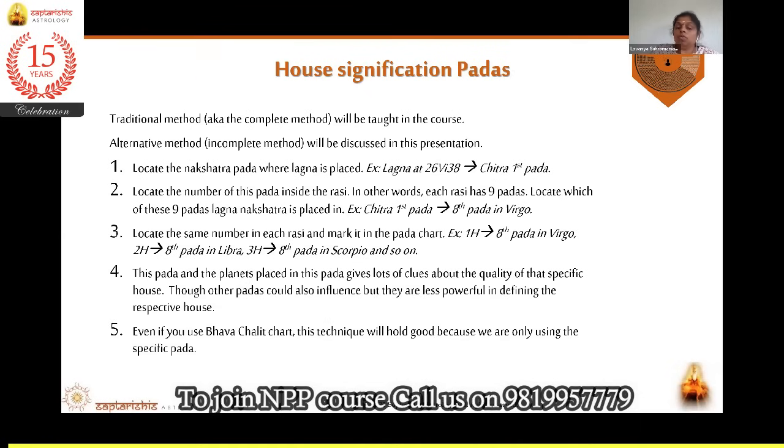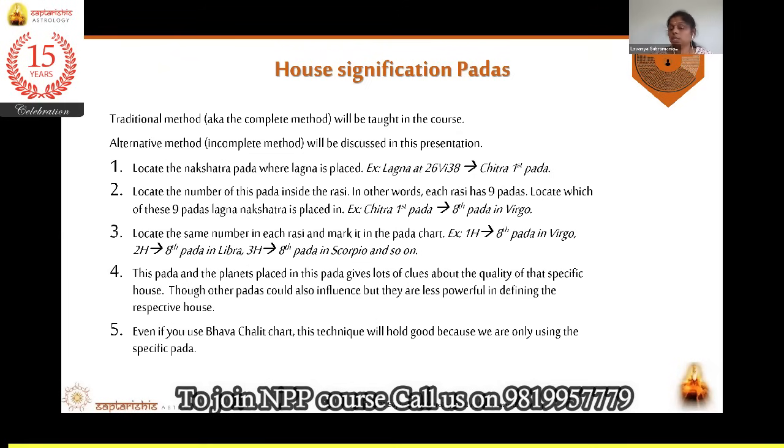Even if you are using a Bhavachalit chart, this technique will hold good because we are only using that specific pada. Why did I mention the Bhavachalit chart? Because there are two different Bhavachalit chart concepts. In one, we take the degree as the starting point of the house.